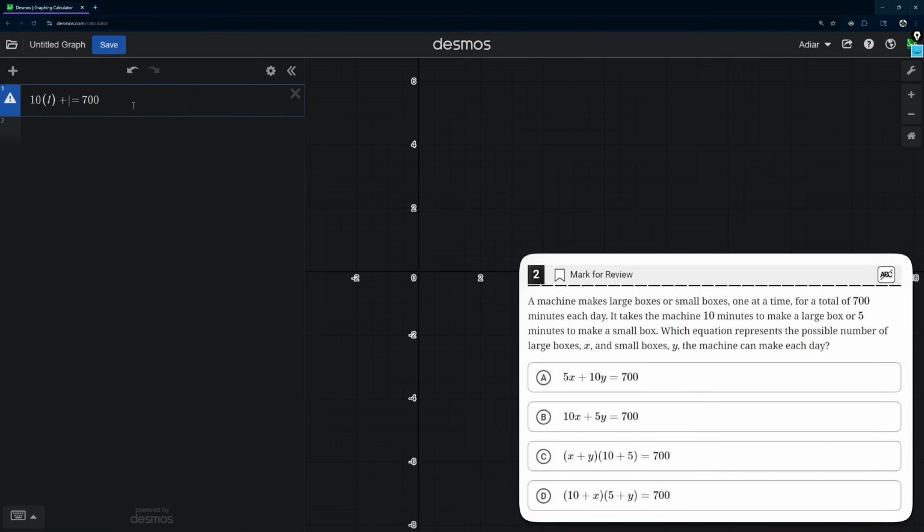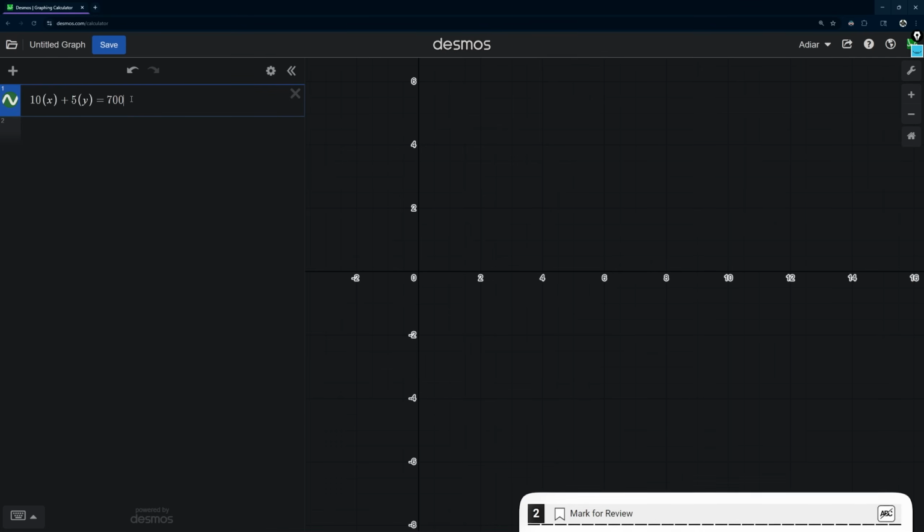And similarly for the small boxes, it's going to be 5 minutes times the number of small boxes it makes. And then the question says that X is large boxes and Y is small boxes. So Y is going to be our small boxes and X is going to be our large boxes. And the correct answer that this corresponds to is B, because 10x plus 5y equals 700.